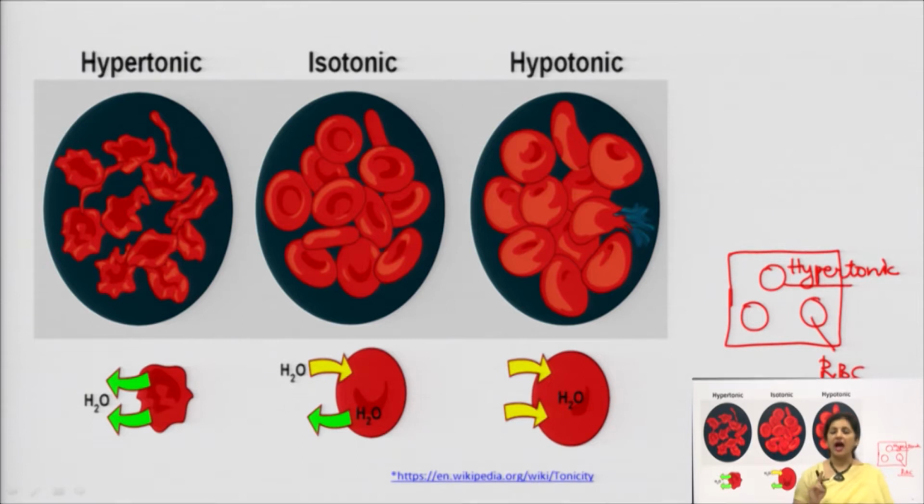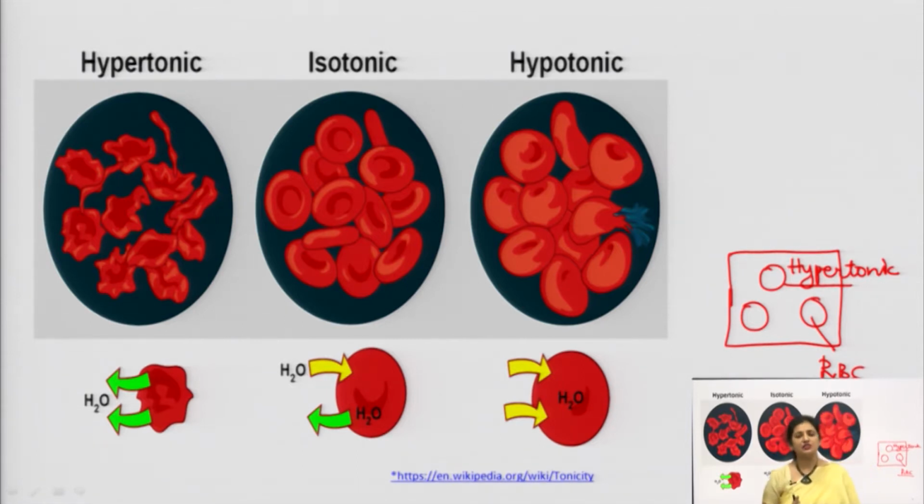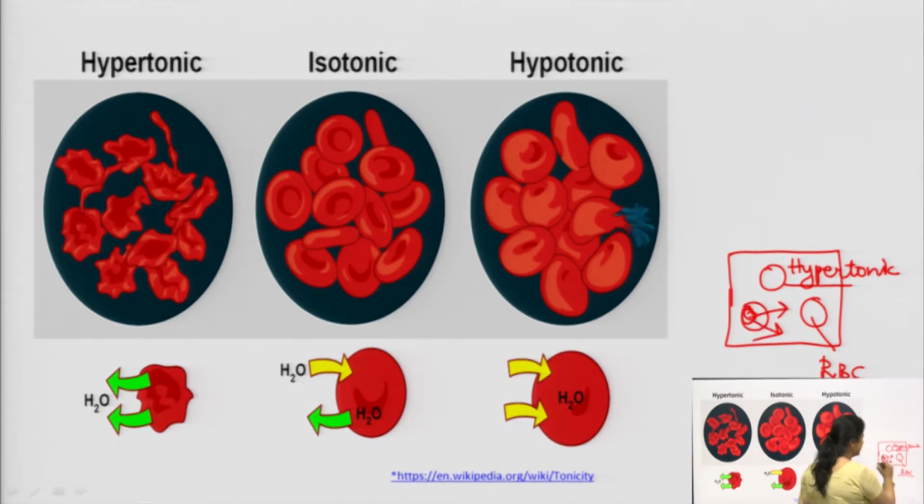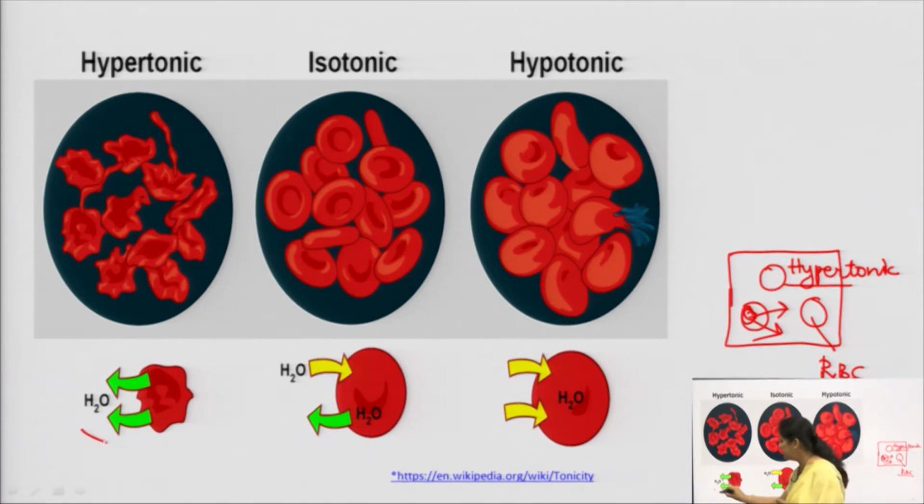It means hypertonic solutions have high salt concentration in comparison to the cell. High salt, lesser solvent. So, the movement of solvent will be from the environment of the cell to the outside. That is what has been shown here. Once water moves outside the cell, the cell is going to shrink.